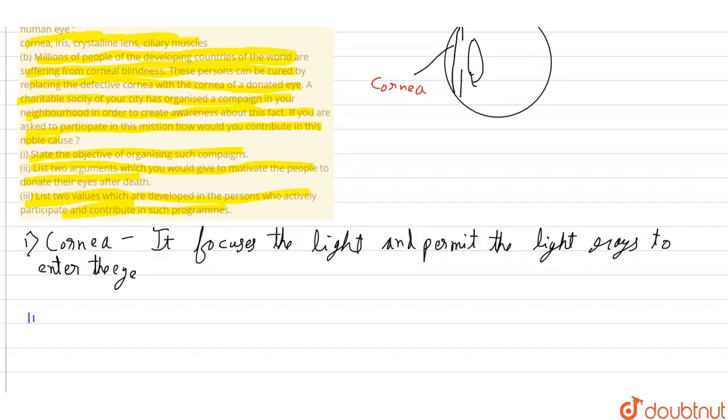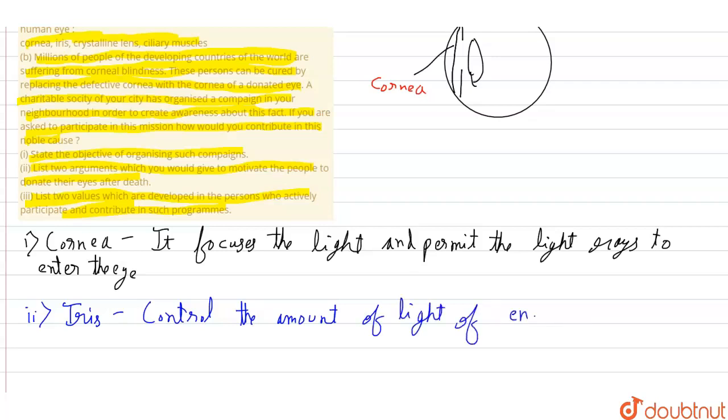Now going further, we have the iris. The function of the iris is that it basically controls the amount of light entering the eye, and it also controls the size of the pupil.